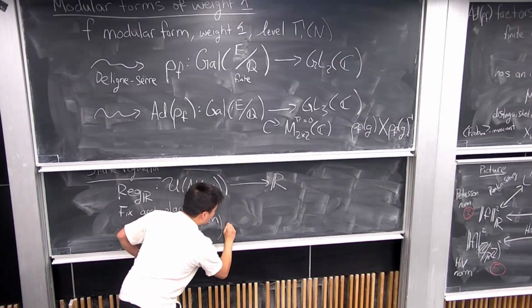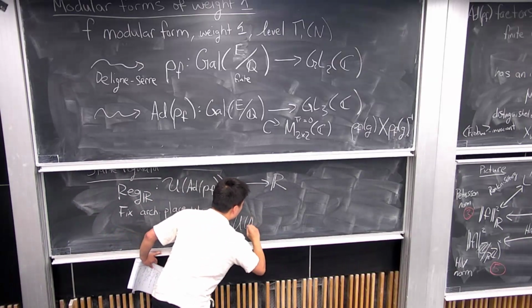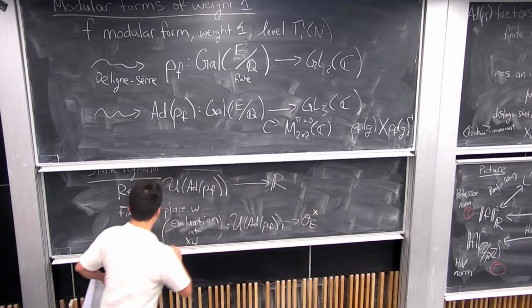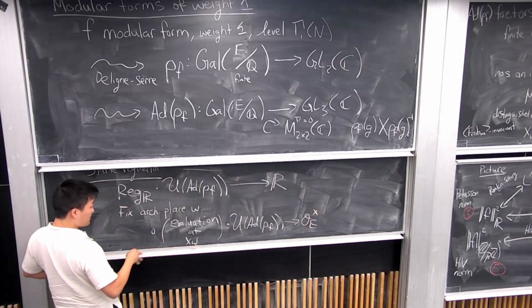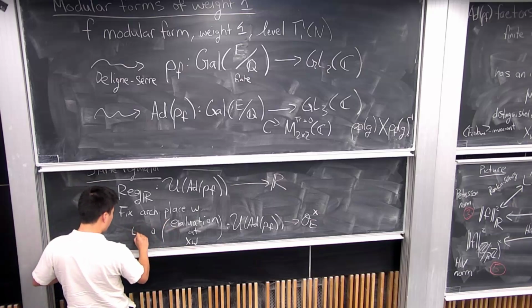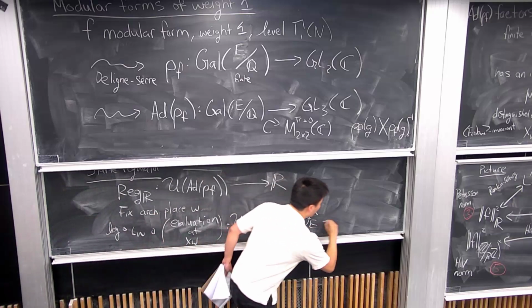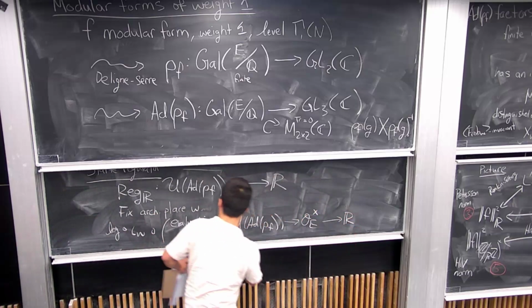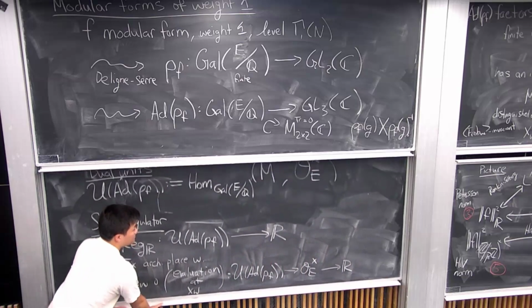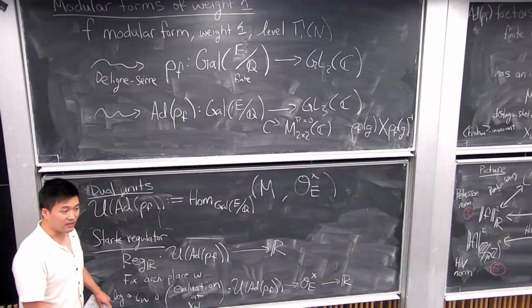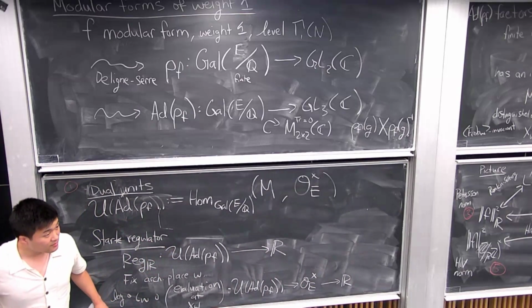So this gives me a map from my dual unit space to O_E cross. And then I compose that with an embedding from W and logarithm to get something in R. So just by picking some place, I get some real valued map on my dual unit space.